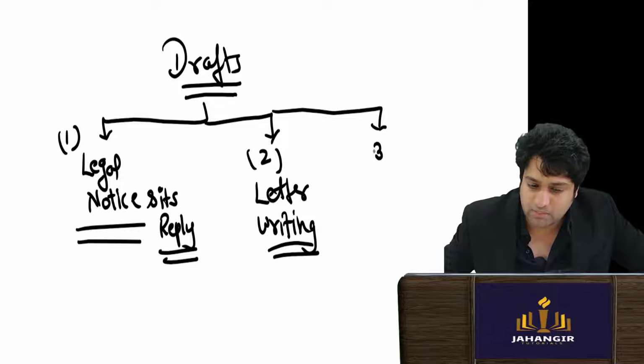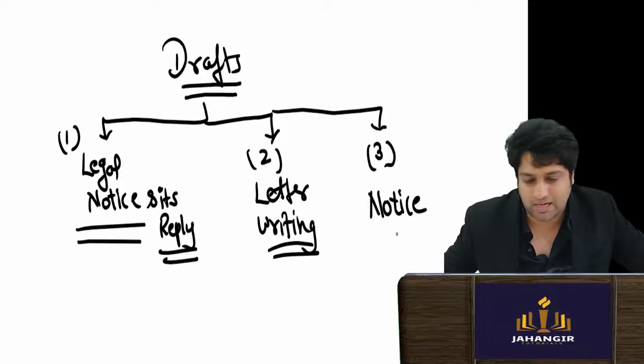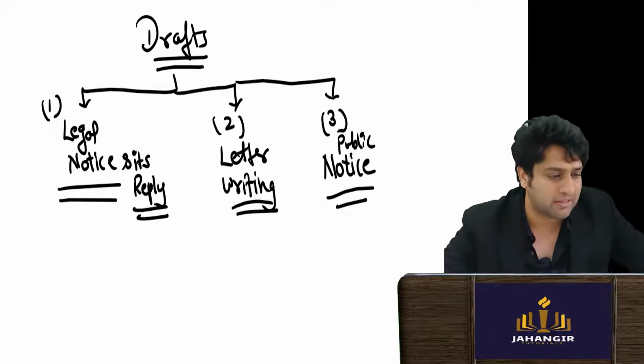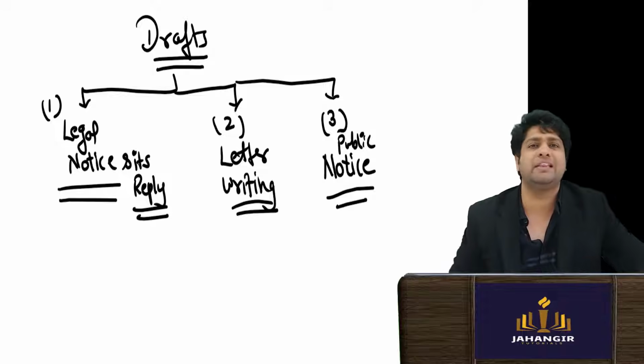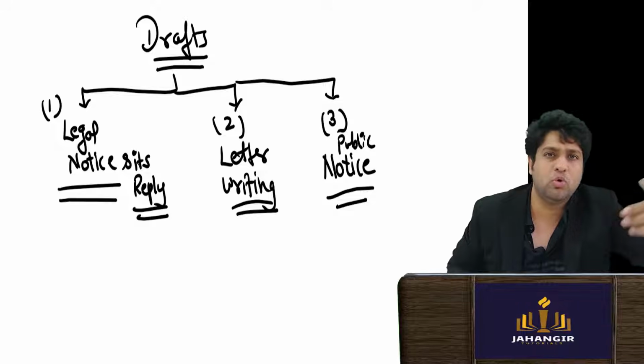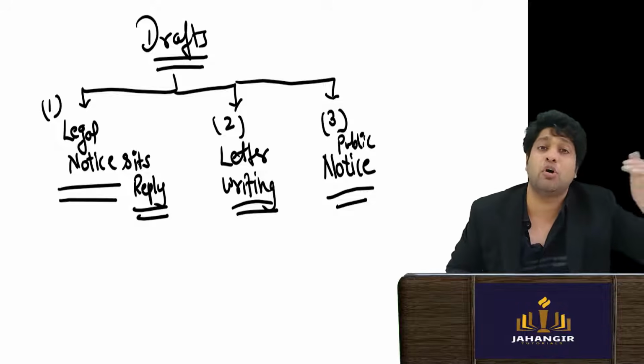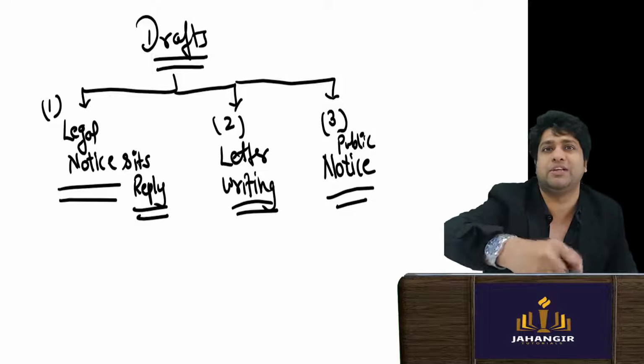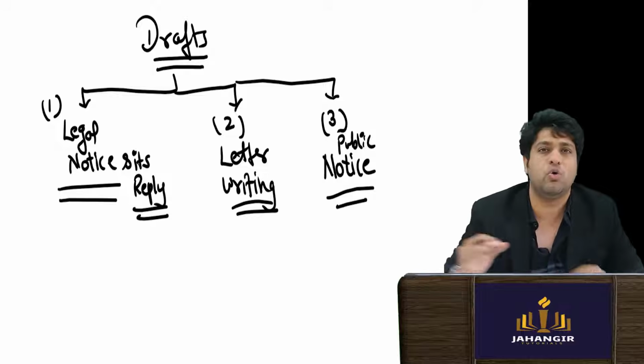The third important thing I will be telling you is about notices, like a public notice. For example, when a company or corporate has to issue a notice of a meeting, they also say that they will publish it in a newspaper, at English, regional and local level.